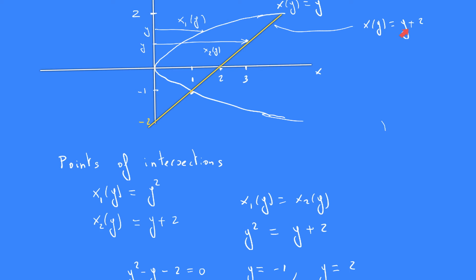If I stop at y equals 2, the x will be 4. So it's the same x for the parabola as for the straight line. So y equals 2 is the intersection.